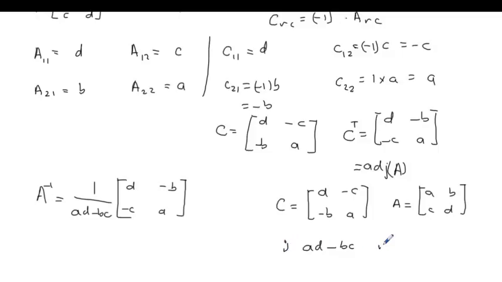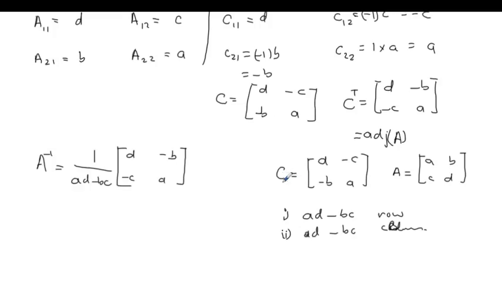Check. This is one situation. What I was doing there, I was moving along a row. Then I come here. I'm moving along a column. And I move here along a column. That's situation number 2. I say AD minus BC. That's along a column. I come here, move along a row.